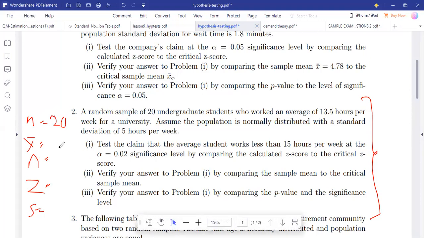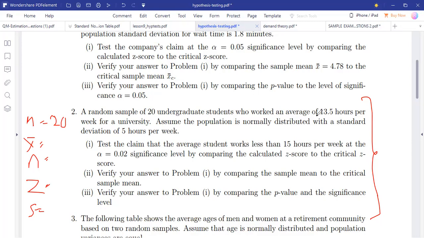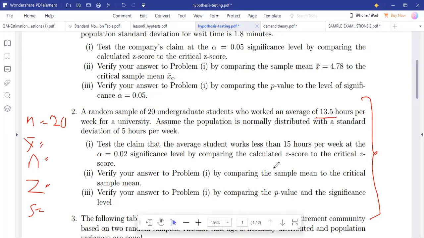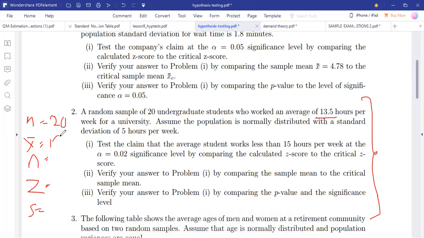Is 13.5. What is 13.5? This one is showing the average. 13.5 is our what now? X bar. Why is it x bar?